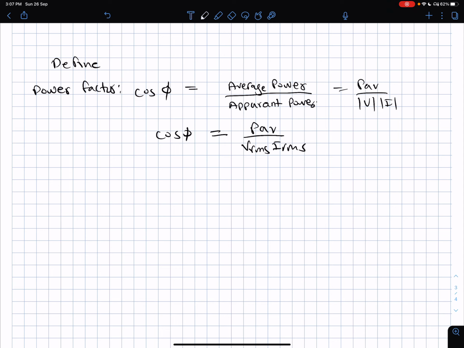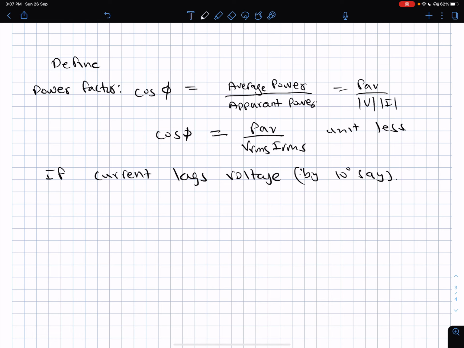It's a scaling factor, so it is unitless. If current lags voltage, let's say for example by 10 degrees, then we say that the power factor is lagging.